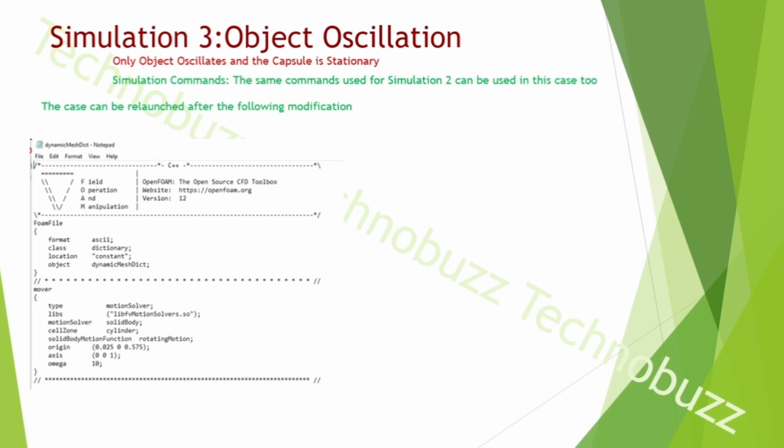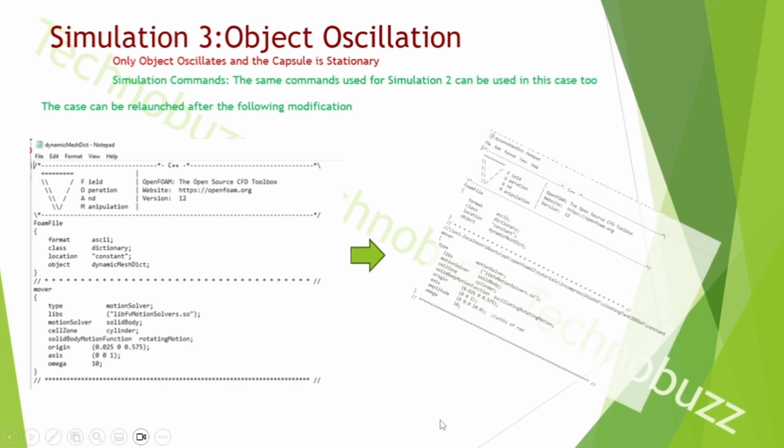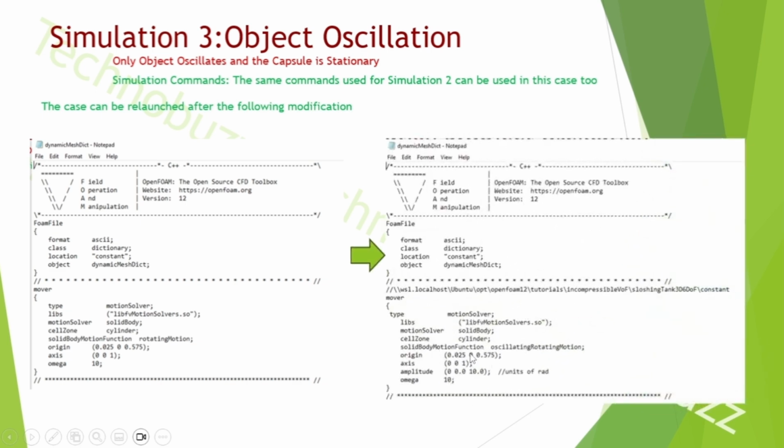In the case with object rotation, we have seen in the dynamicMeshDict file, the rotation is given. Open this file and make the following change. Now here we are adding this block here. So the solid body motion function is oscillating rotating motion, the same origin, same axis of rotation, and we add another parameter, amplitude, with this value.